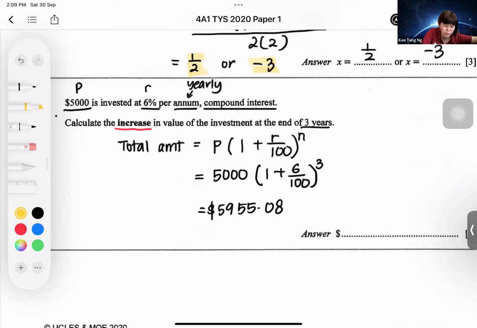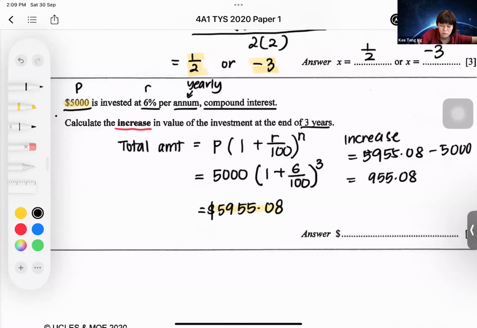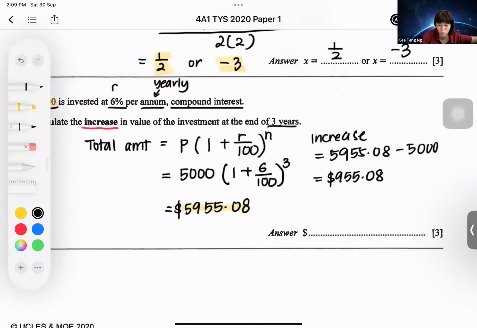Original amount was 5,000. Now the number is this. So the increase will be to take this number, 5955.08, minus away 5,000 to give me $955.08. Leave your answer as 2 decimal places for money.